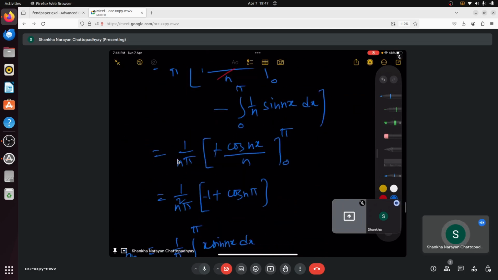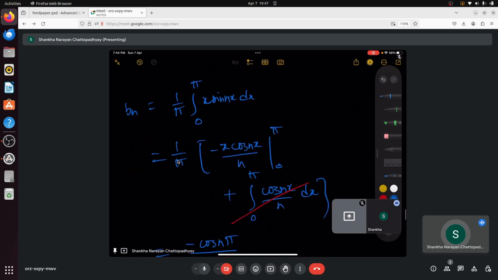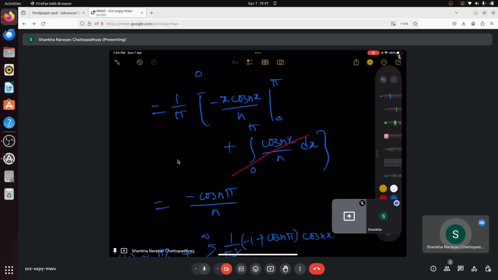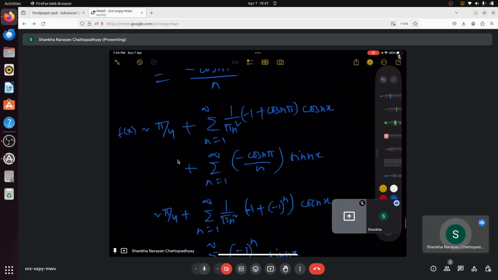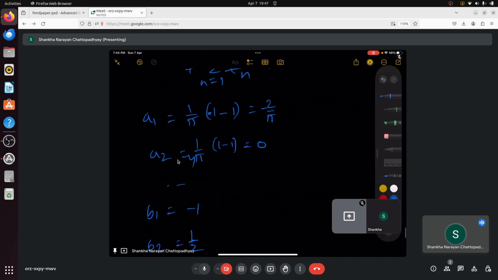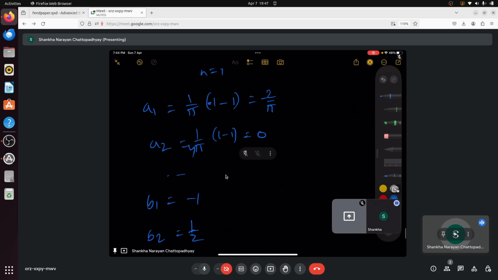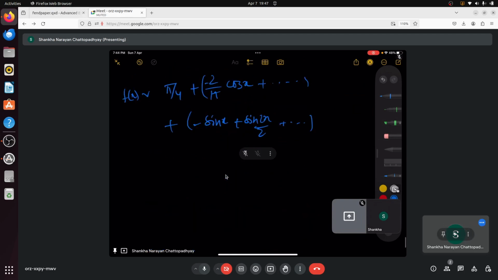You will get an is 1 by pi n square times minus 1 plus cos n pi, and bn will be minus cos n pi by n. You put it in the form, you will get the sum of minus 1 plus cos n pi by pi n square cos nx, plus the sum from n equals 1 to infinity of minus cos n pi by n sin nx. And this is how you need to solve it, okay? Krishna Swami sir, any question up to this?